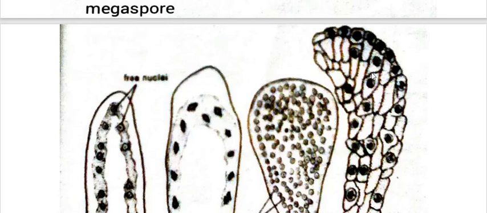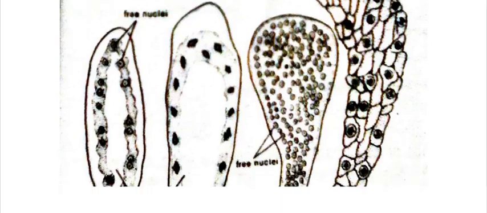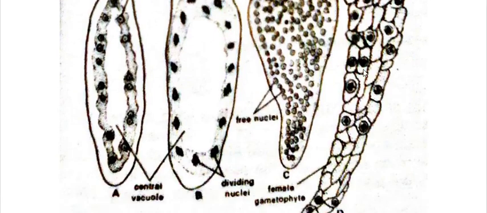This is the end of the gametophyte which is present towards the micropylar end, and the cells of this region are generally vacuolated and thin, while the cells present towards the chalazal end are dense and contain the stored food, and this region acts as a nutritive tissue.